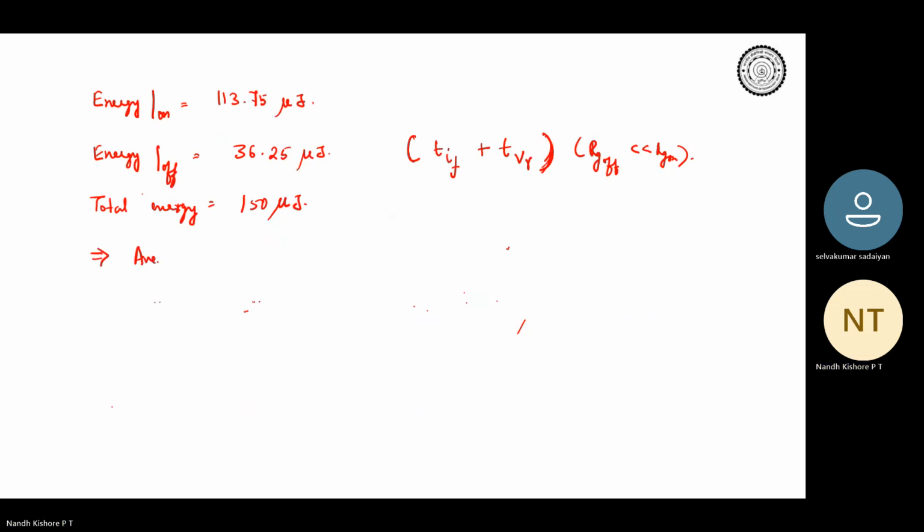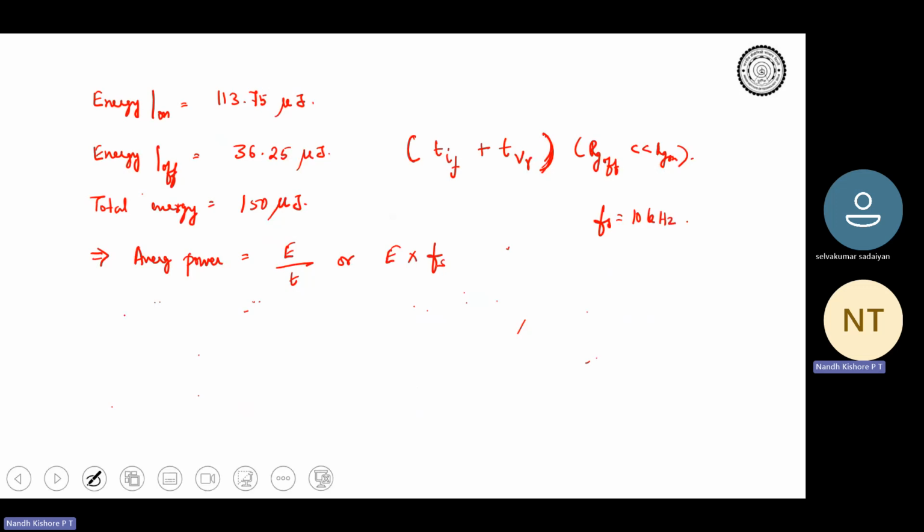Therefore, average power will be what? Energy by time, or energy into switching frequency. Let's say switching frequency is 10 kilohertz, right? So the power loss will be 150 microjoules into 10 kilohertz.